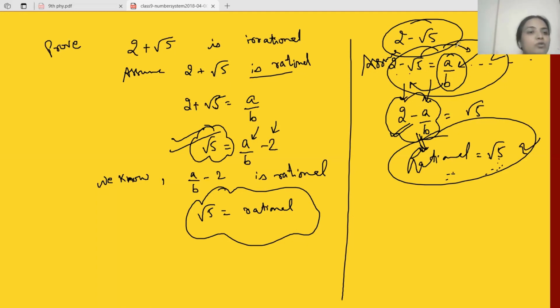Why are you trying to do that? Because whatever you get rational equals to that irrational number, your assumption will go wrong. That is why that thing will be proved to be irrational.